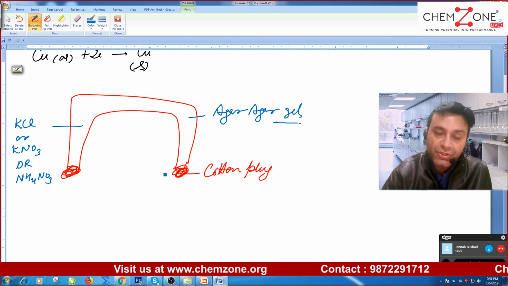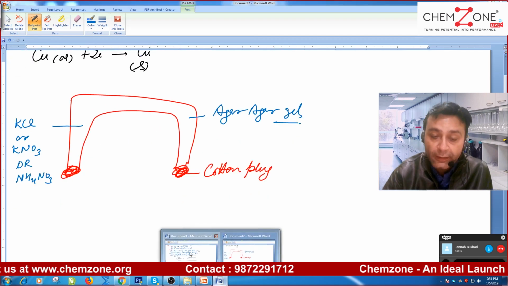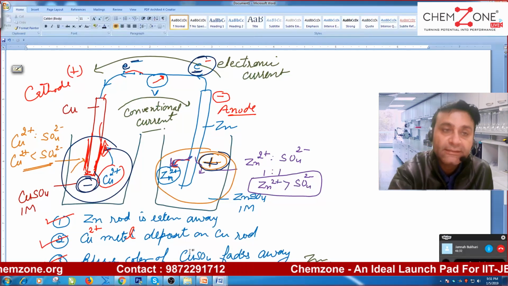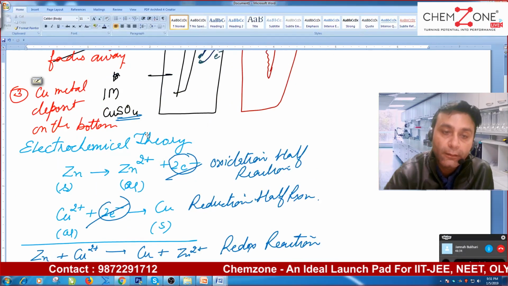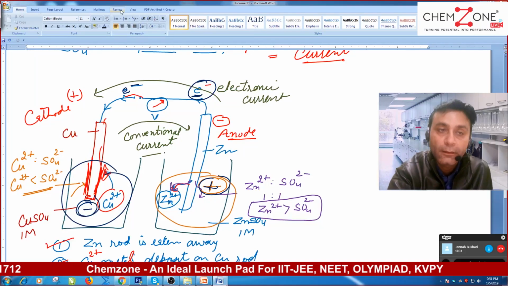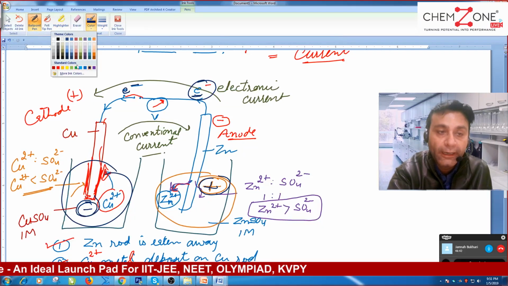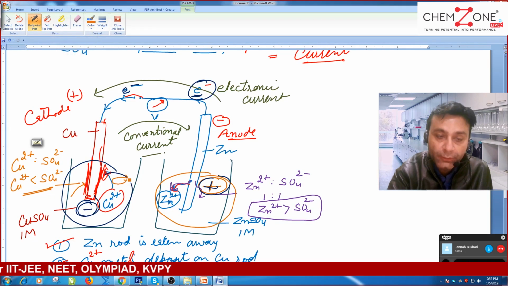And this salt bridge is now inserted into this cell. Getting me? Now, how will I introduce this? Let us see. This is introduced like this.